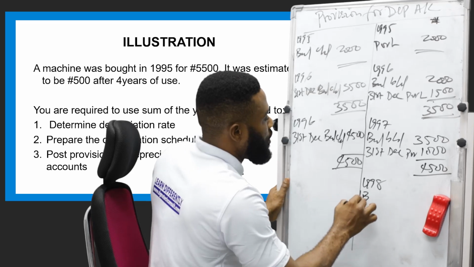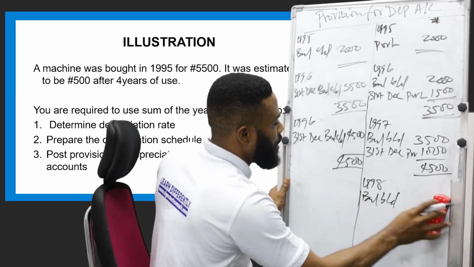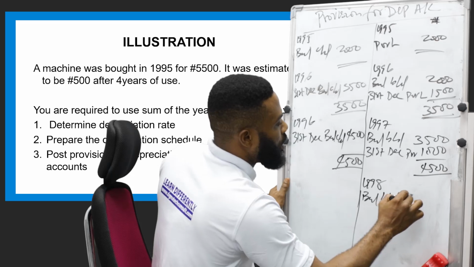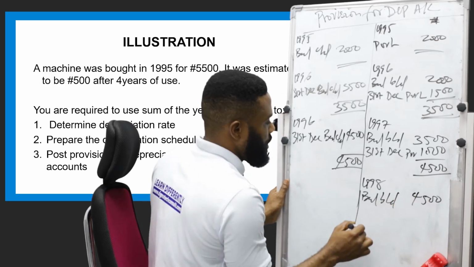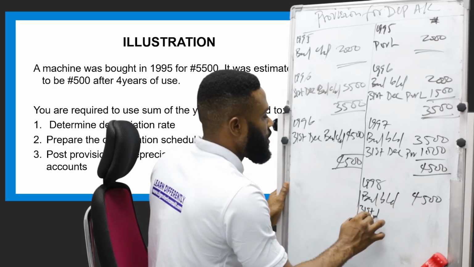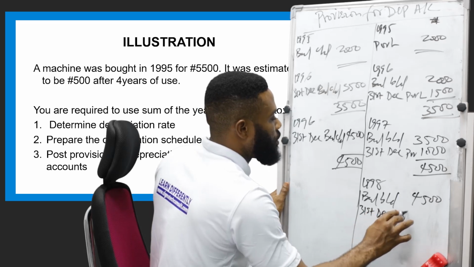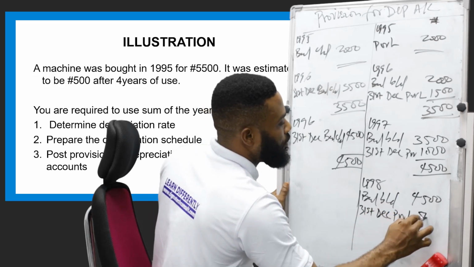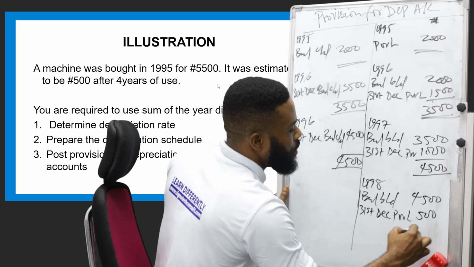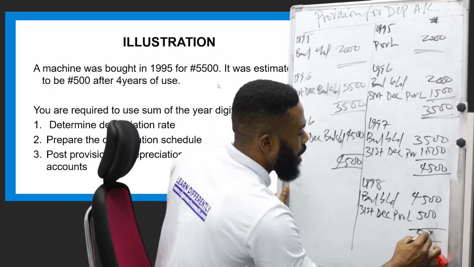You have your balance brought down is 4,500. And then 31st December, your profit or loss is going to be what? 500. And then you have 5,000.